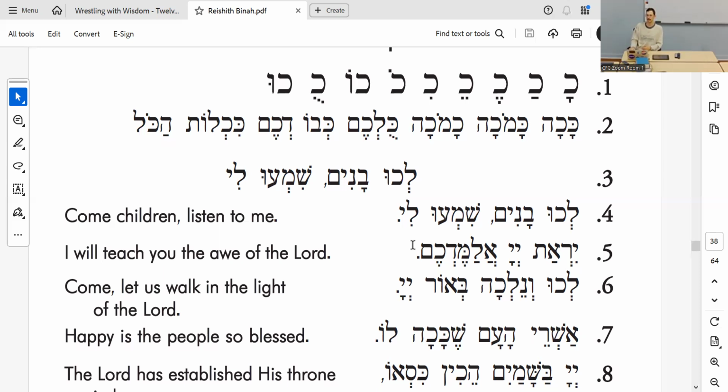They function as one word. With the aleph prefix saying this is the first person singular, and chem is the referent of the verb. I will teach you, which is plural masculine.